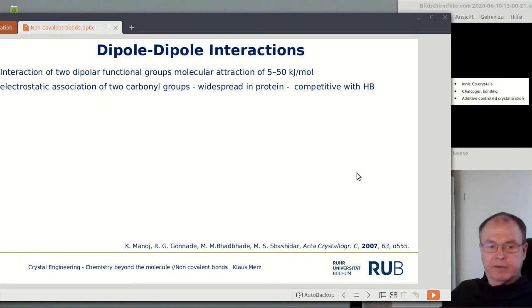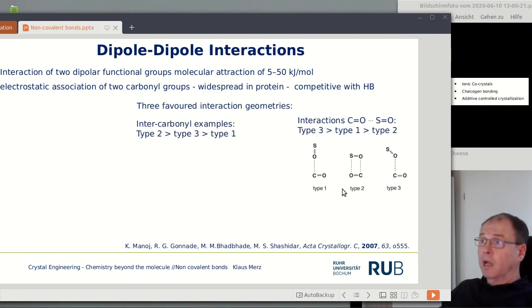You will see it very often in the case of protein aggregation. Yes, when it's comparable with a strong hydrogen bond. In general, you can distinguish between three categories. You see it here.